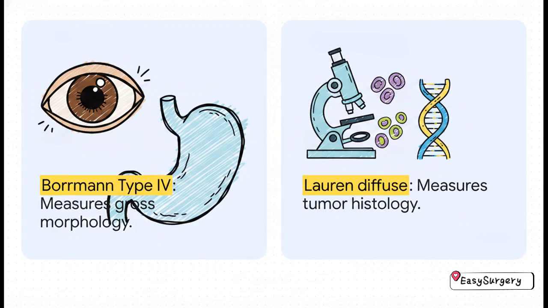On the left, Borrmann type 4 measures gross morphology, what the tumor looks like to the naked eye, your diffuse infiltrative gastric carcinoma, your linitis plastica. But on the right, the Laurin diffuse type measures histology, what it looks like under a microscope. That's your poorly cohesive or signet ring cell carcinomas. Borrmann equals gross morphology. Laurin equals histology. Keep those firmly separated in your head, and you'll dodge a major exam bullet for sure.